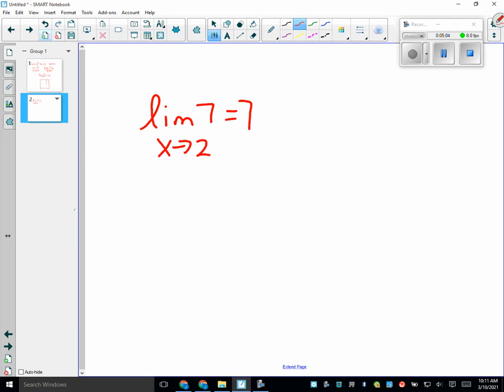What is the limit as x approaches negative 1 of x cubed minus 2x? Okay, you should be able to do this though. Plug it in. One.